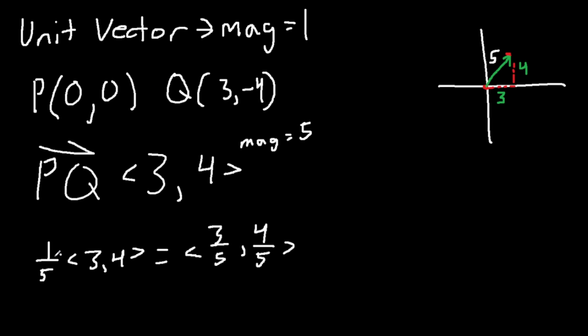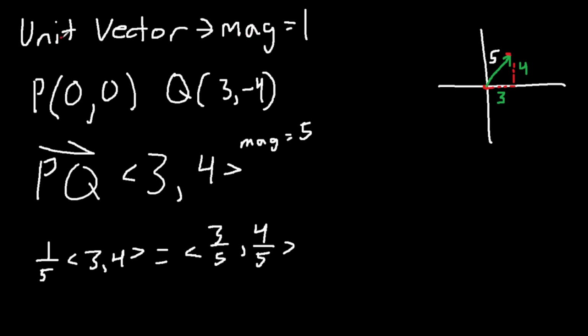What happens is, if you divide all the values inside a vector by its magnitude, which is 5, you'll get the unit vector.